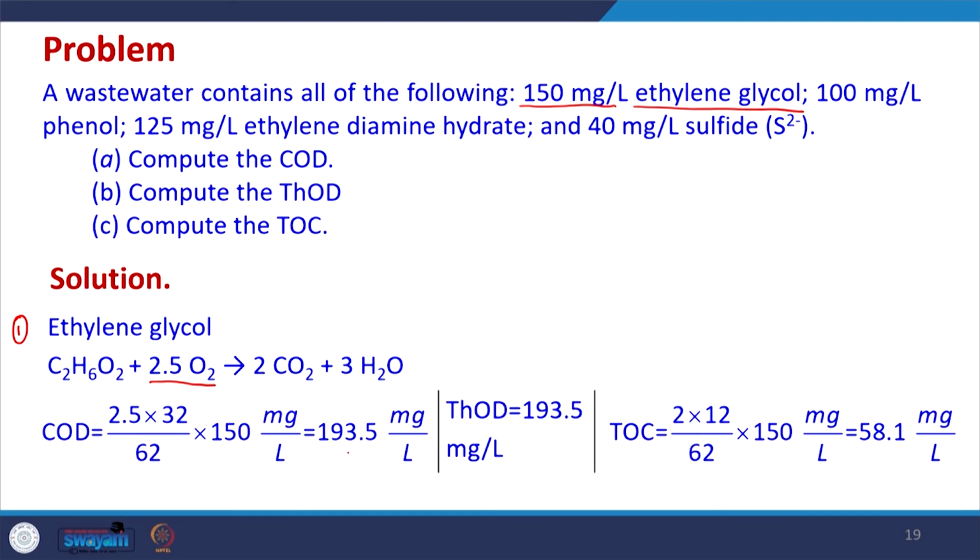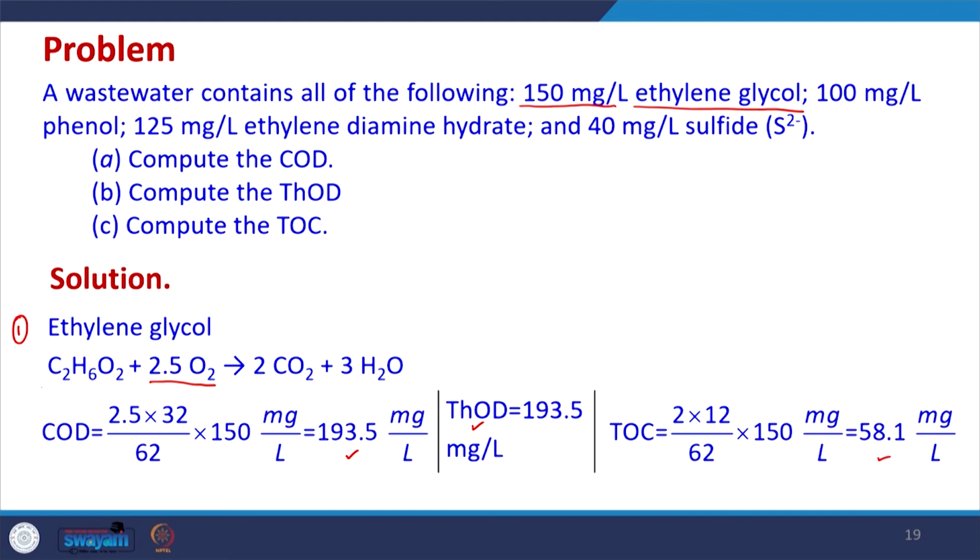We calculate it, and it will be 193.5 milligram per liter. THOD also will be the same, and TOC we can also determine, because it will be 2 into 12 divided by 62 into 150. So, this is the amount of TOC for ethylene glycol.